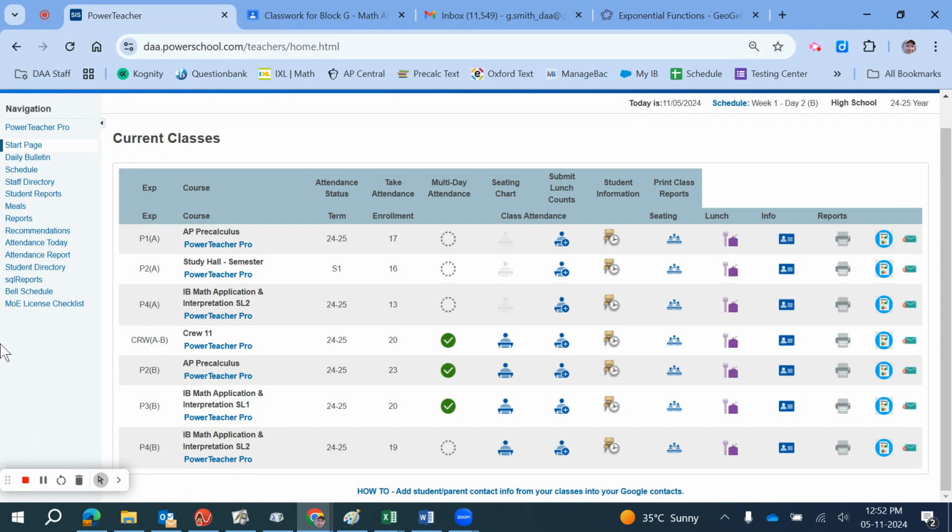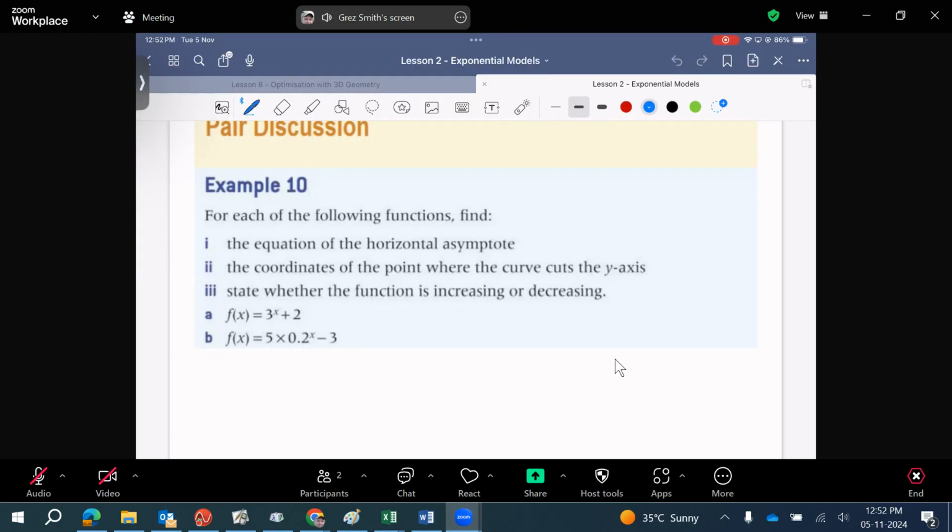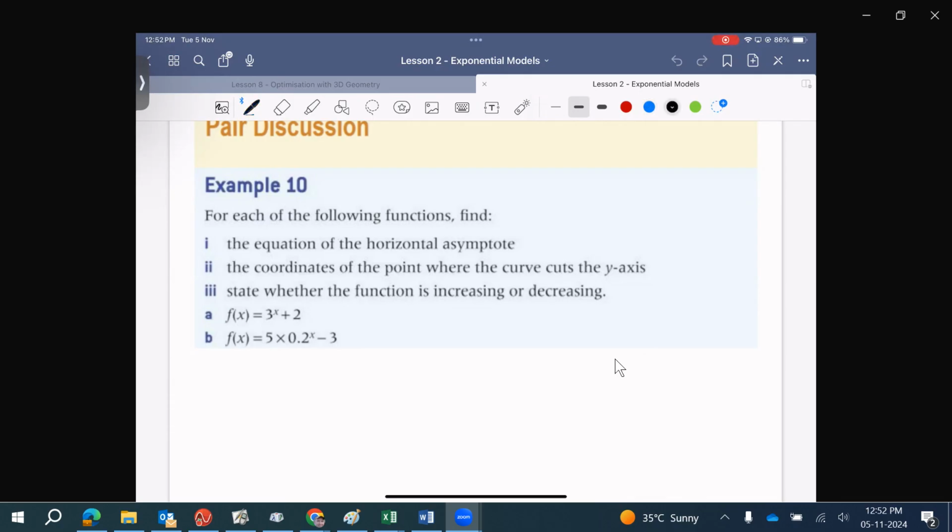Let's have a look here now. What we want to do for each one of those is use the information that we just found. The equation of a horizontal asymptote is y equals c. The general form was y equals k times a to the x plus c. So when we have a function in this form, the horizontal asymptote is y equals c.